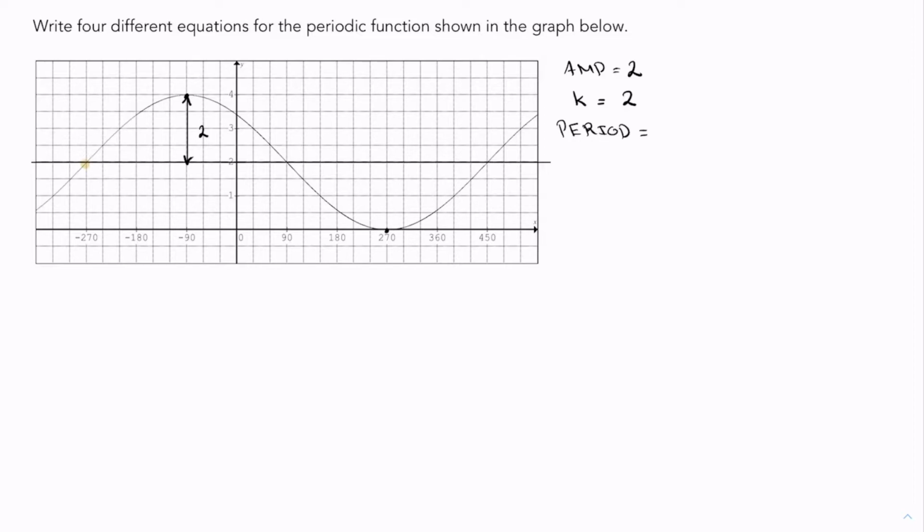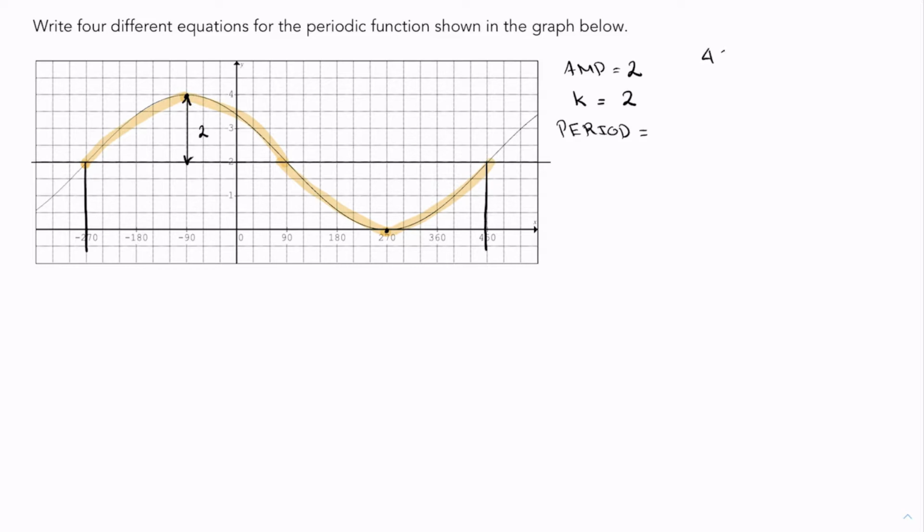If we go from negative 270 to the top, to 90, to 270, to 450, we do get a full period. And it is visible. I just saw that now, negative 270 to 450.